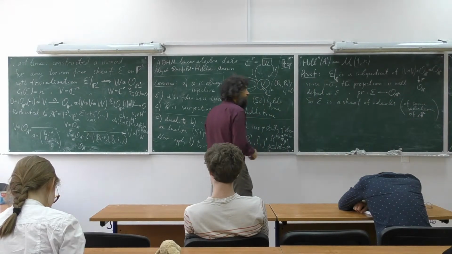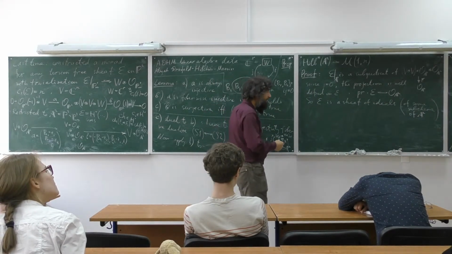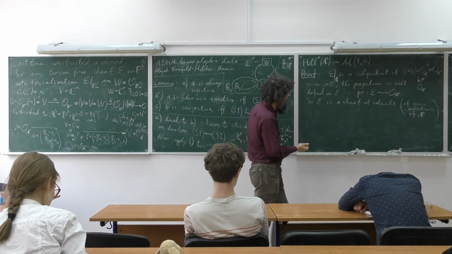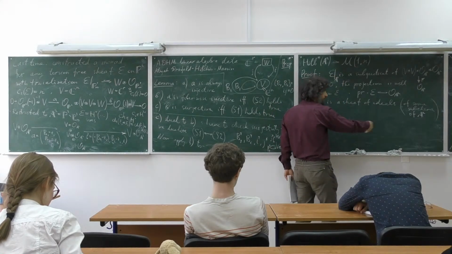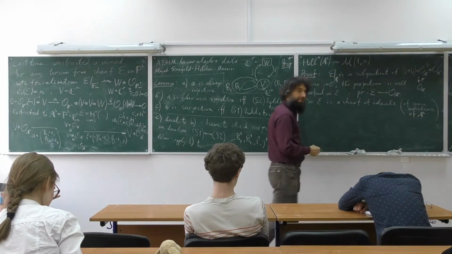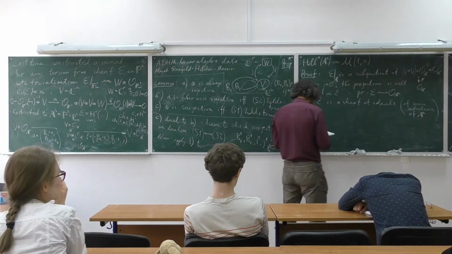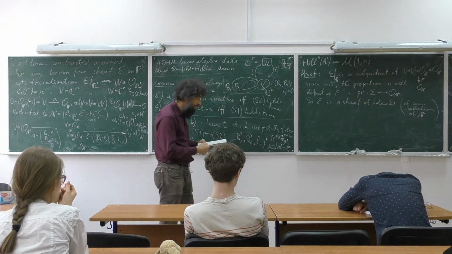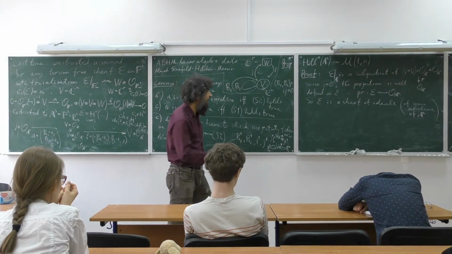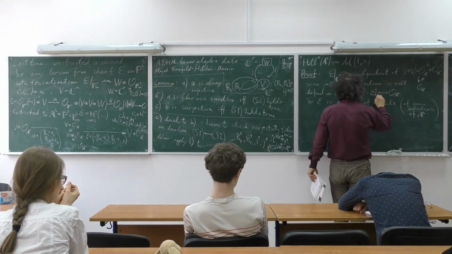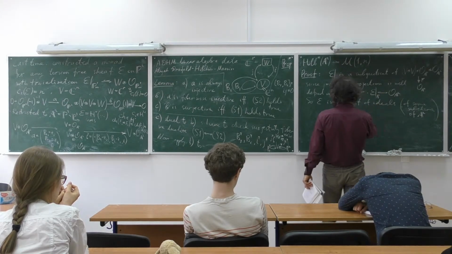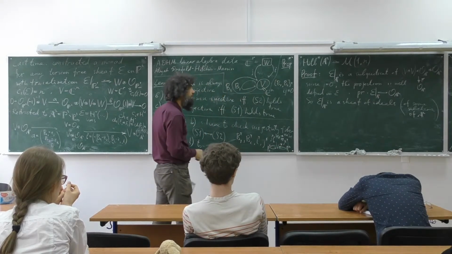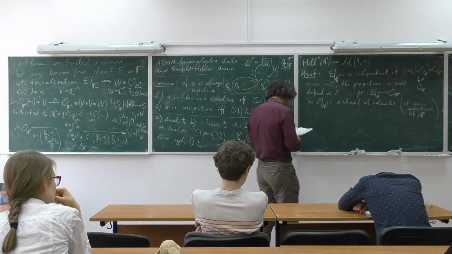Okay, and we have to check that this is really a bijection between all those possible E's and all those possible subschemes of A2. Everywhere restricted, yes. Okay.